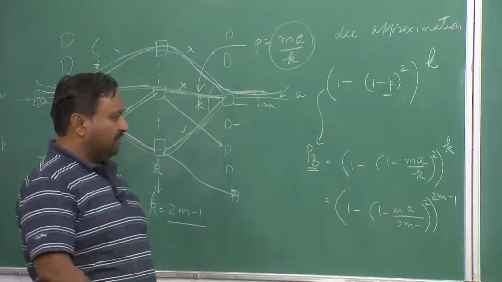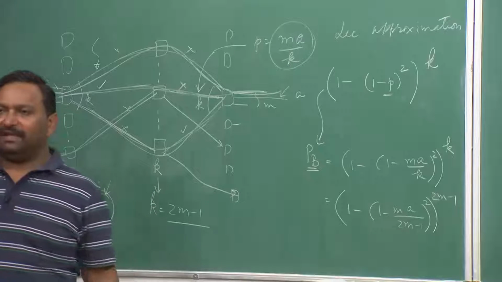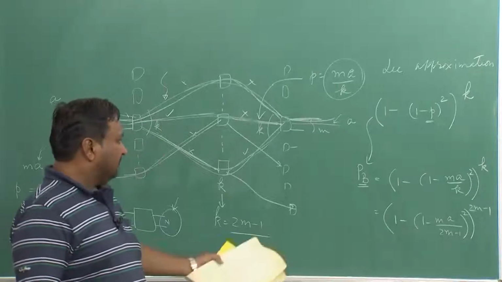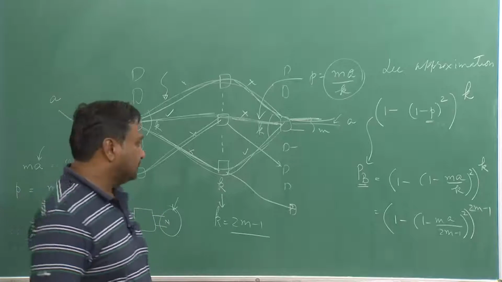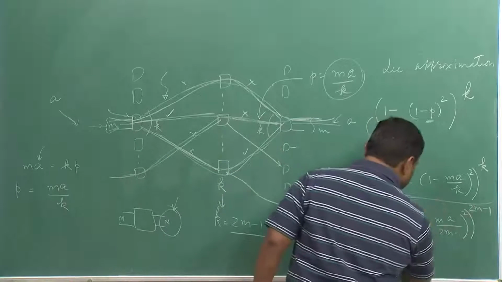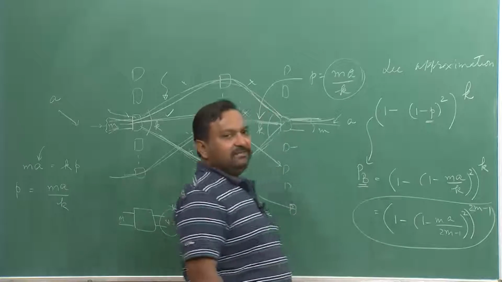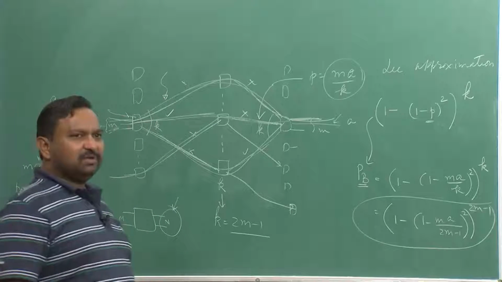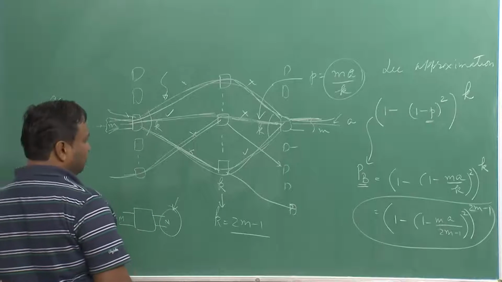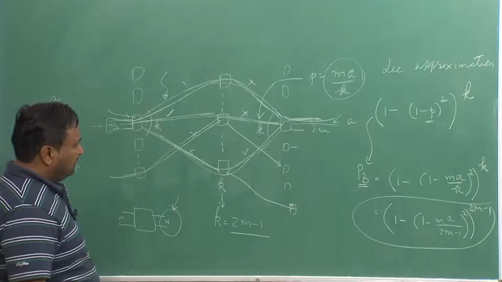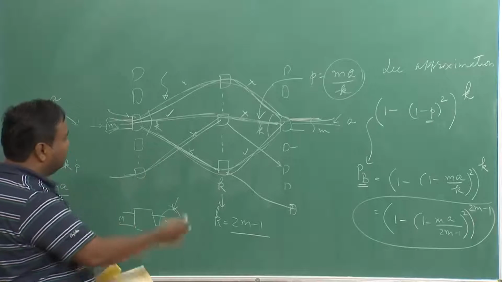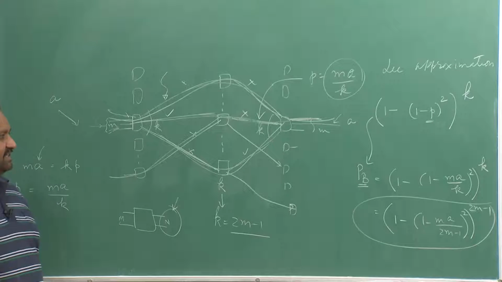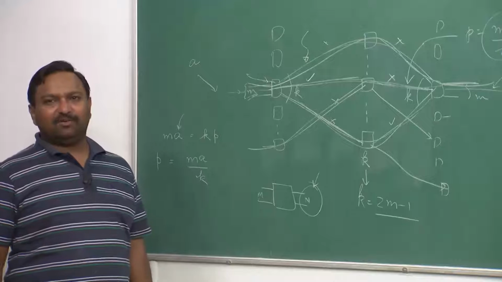Take any value of m, take some value of a, which is a probability and can take values from 0 to 1, and this is not going to be 0. So it starts deviating for larger numbers, but if we are choosing paths randomly, then it is a good approximation. Still, it is an approximation, not the exact value of the probability of blocking.